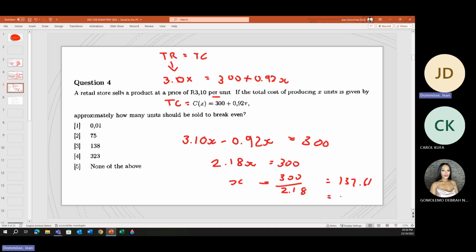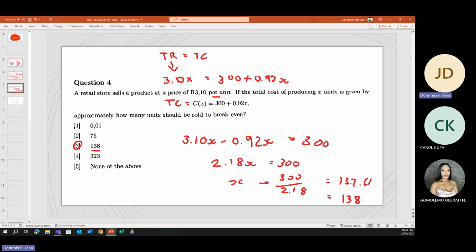So we will need to round that up. So 138. Okay, again, like in some of the previous questions of previous exams, they will not give you one option of 137 and one option of 138.